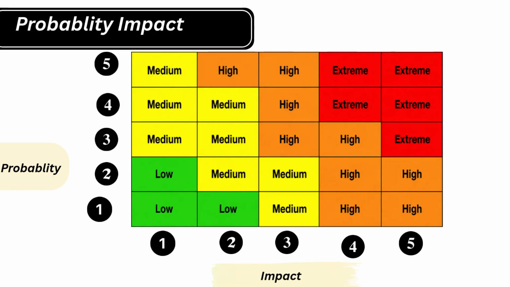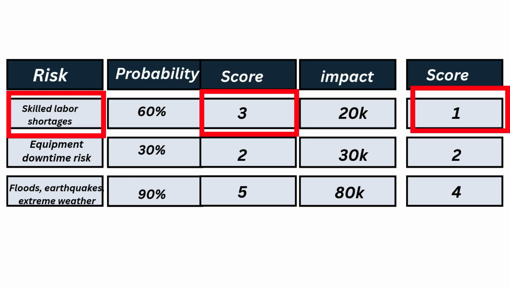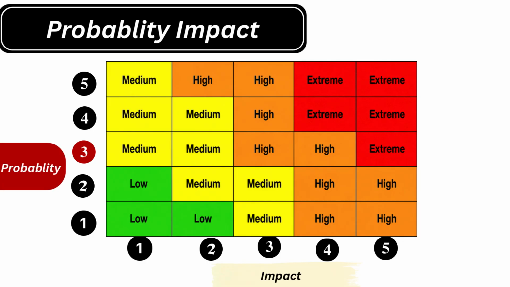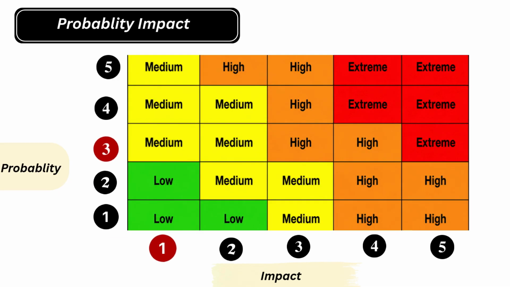By using this, we can understand the quality of risk. Let's pick up the first risk, skilled labor shortage. The probability score for this is 3 and the impact score is 1. If you see this matrix, for probability 3 we count 1, 2, 3, and impact is 1, so 3 and 1 makes it a medium risk.